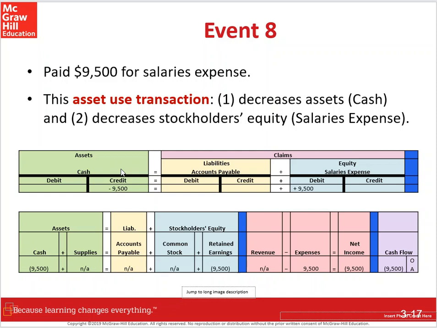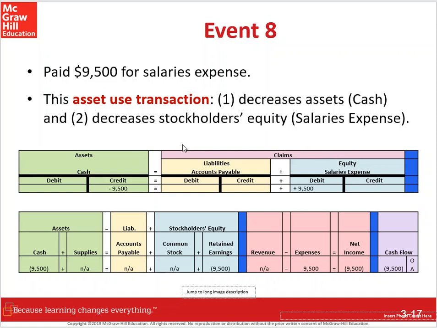But look at how we record that. Under equity, we have our T account for salaries expense, and it's showing it as a plus 9,500. So it's increasing salaries expense, but remember, salaries expense and any expense has a negative relationship to net income, retained earnings, and owner's equity. So it carries a normal debit balance. We are in fact increasing the expense account, which is causing equity to go down.